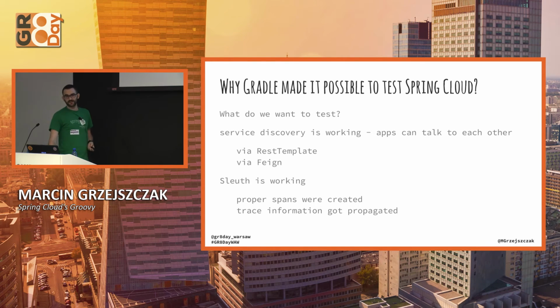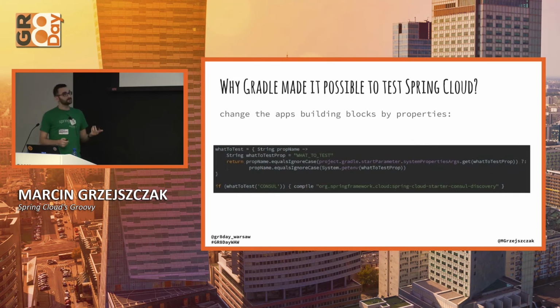And whether Sleuth is working, which means whether proper spans were created, whether trace information got propagated between services, and whether they are actually in Zipkin. So, how do we do this? I've created in Gradle a what-to-test closure, in which I'm checking the whatToTest system property.